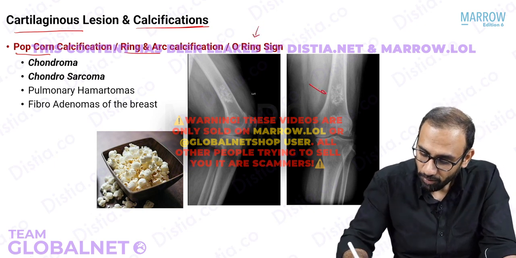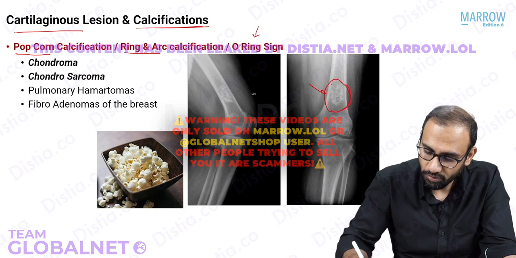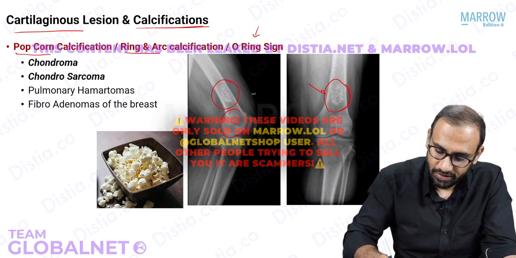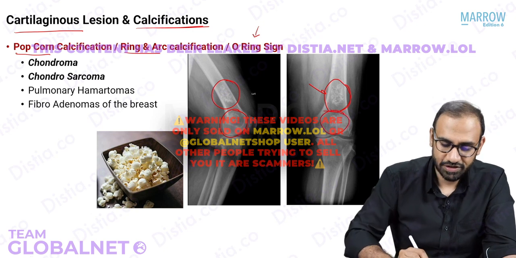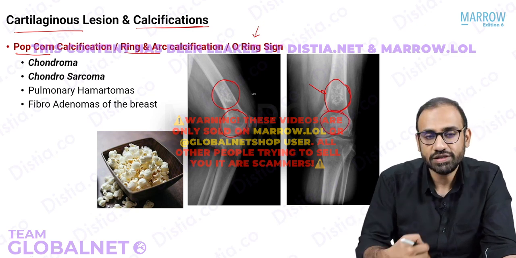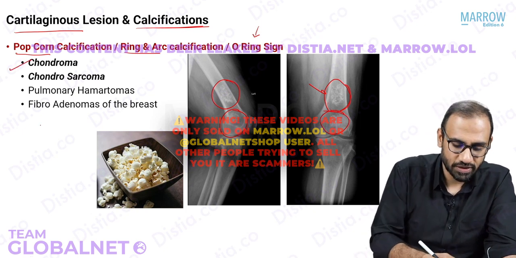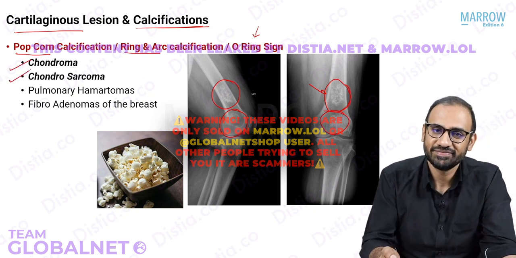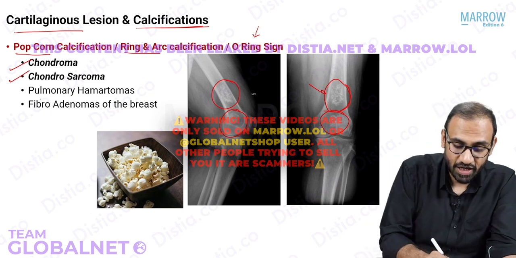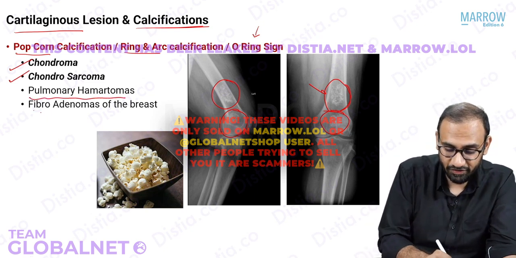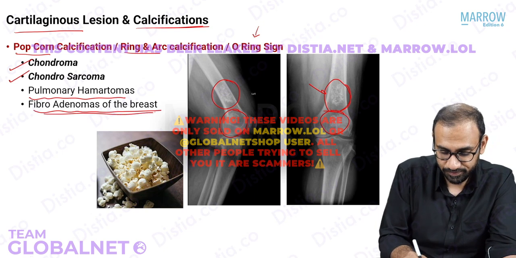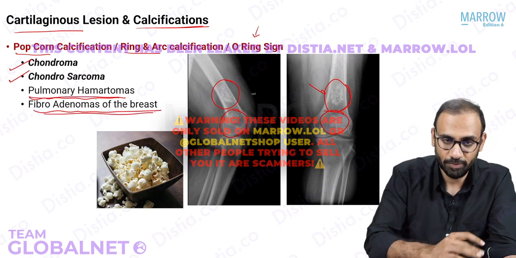So it looks like popcorn. Look at this: popcorn calcification, ring or arc calcification, O-ring sign. The two conditions in orthopedics that you should remember are the tumors of cartilage, chondromas and chondrosarcomas. The other tumors that you will read in general surgery are pulmonary hamartomas and fibroadenomas of the breast. They will also show you popcorn calcification.